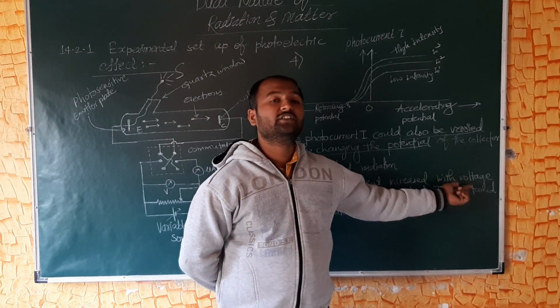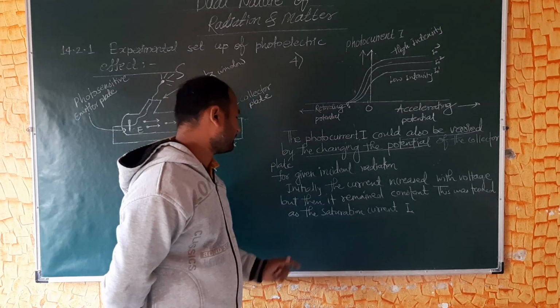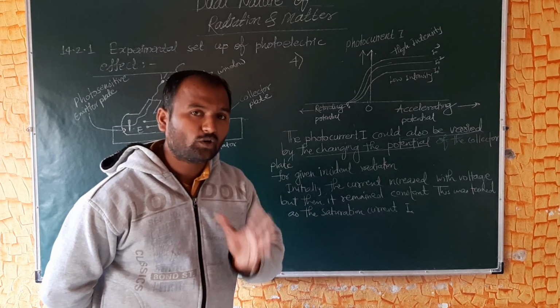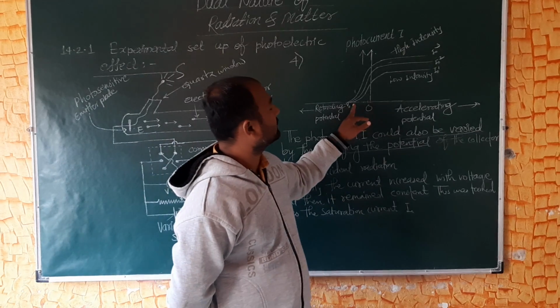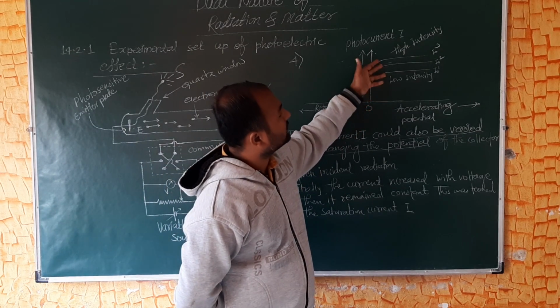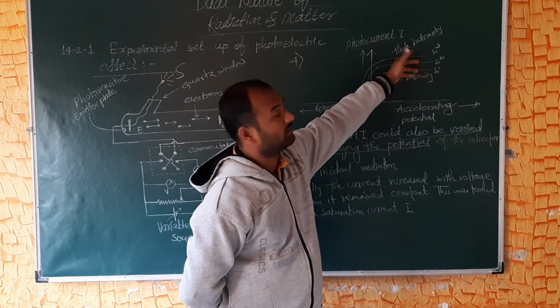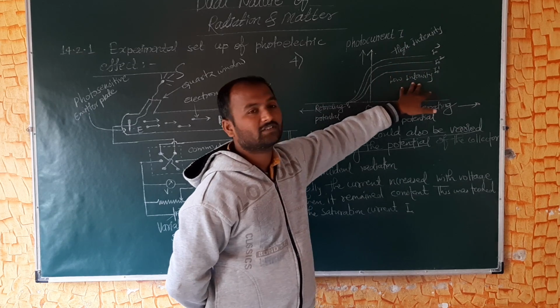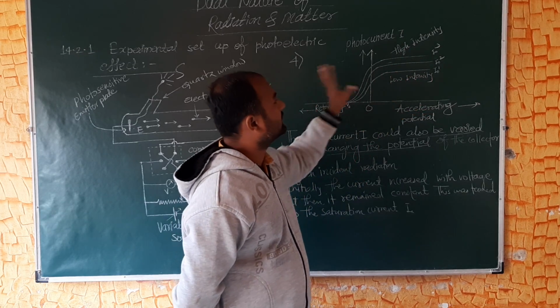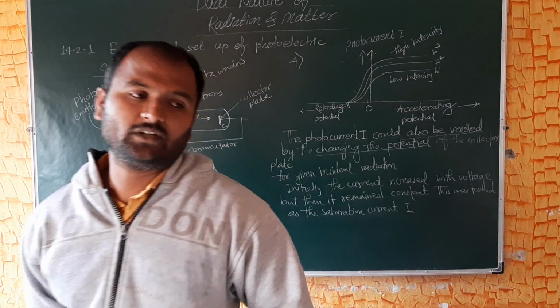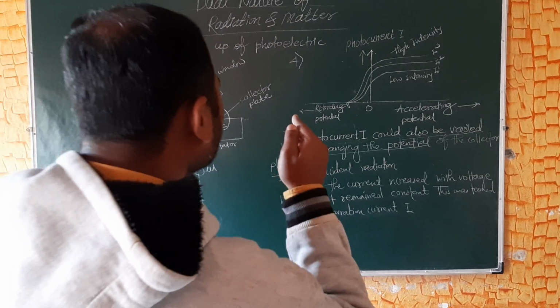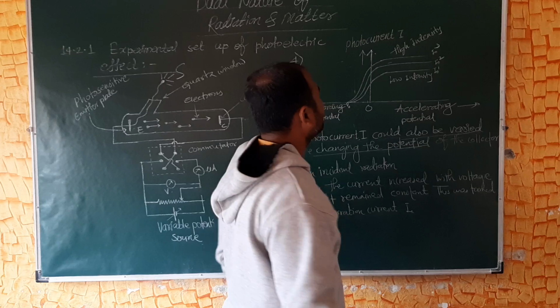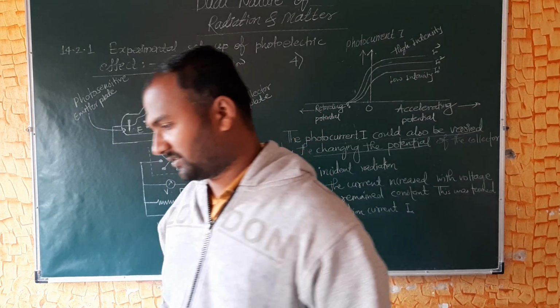Initially the current increases and after that it becomes saturated. This is a high intensity, this is a low intensity. After that current gets saturated. So I naught is called the saturation current. So here again photocurrent is a function of accelerating potential or retarding potential.